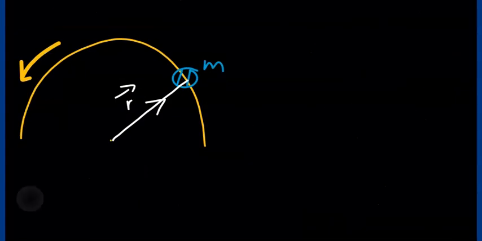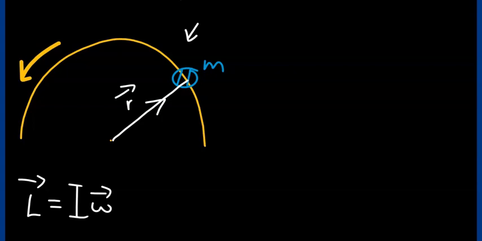To understand further the origin of this angular momentum equation, let's look at this simple model again: a mass m moving in a circle in a counterclockwise manner. So it is moving with a tangential velocity. Let's call that tangential velocity v, and vector r is the position vector of that particle at that moment.